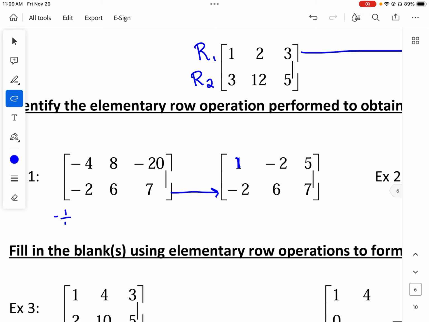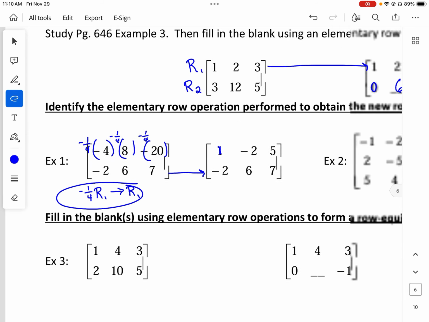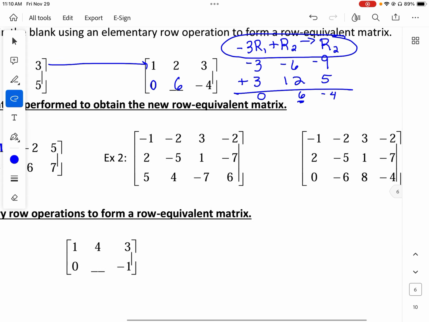So -1/4 times row 1 is going to give me my new row 1. Times -1/4 gives me a 1, times -1/4 gives me a -2, times -1/4 gives me a 5. So that was the operation that we did. Okay, let's go to the next one.